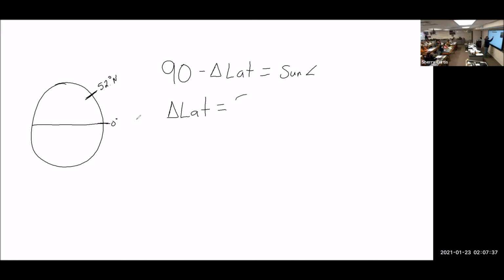So my change in latitude is 52 degrees. If I want to know my noon sun angle on the equinox, where she lives, I would say 90 minus 52 equals 38 degrees.